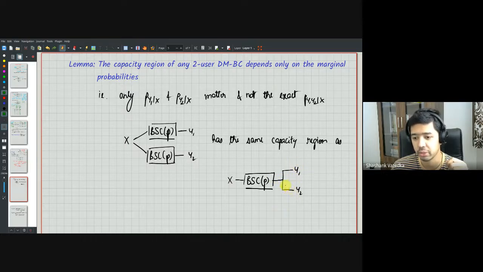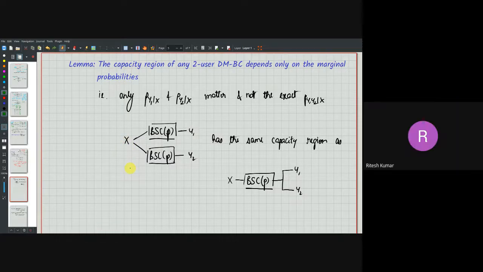So both Y1 and Y2 see the same thing. It turns out that both of these have the same capacity region. In this case, Y1 is equal to Y2 with probability 1, whereas in this case, Y1 could be different from Y2 because Y1 is independent of Y2 given X. Right? Is there a question?